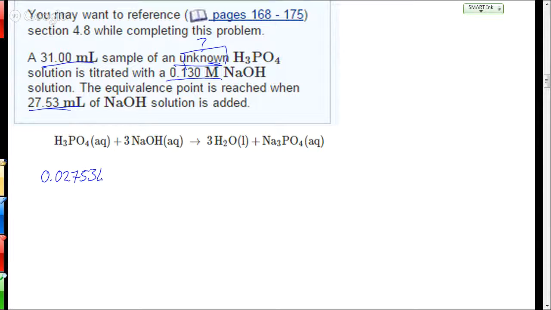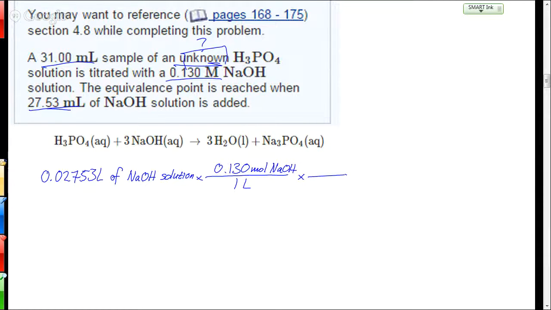So here's our volume. And then we've got the concentration, 0.130 moles of NaOH per liter.